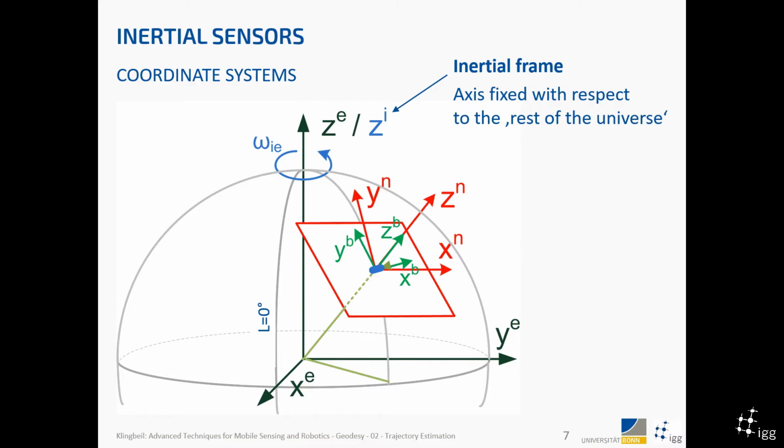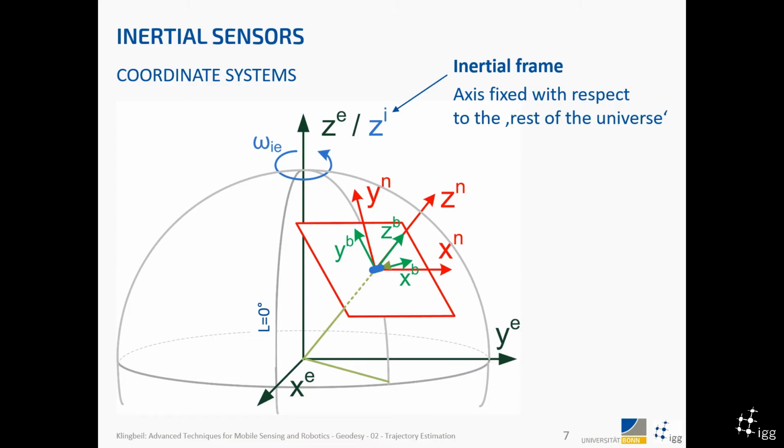When we talk about inertial sensors, what we will do in a second when we repeat what they actually measure, we need to talk about the inertial frame, because inertial sensors measure their information with respect to the inertial frame. The inertial frame is the coordinate frame which is fixed with respect to the rest of the universe.